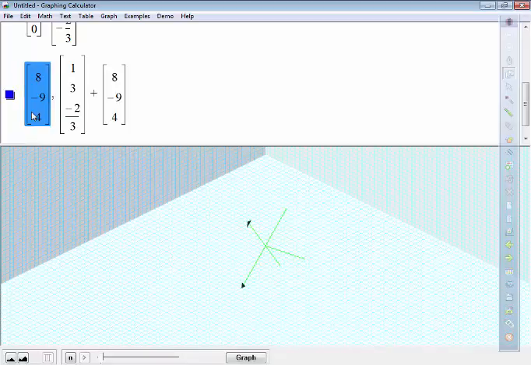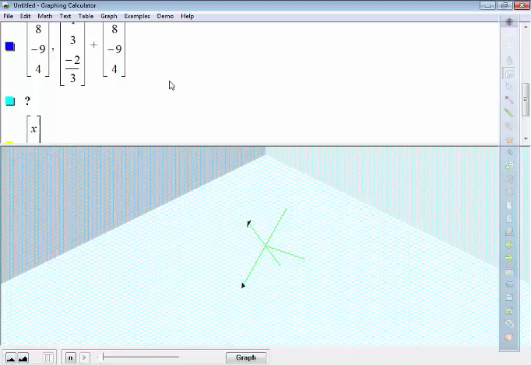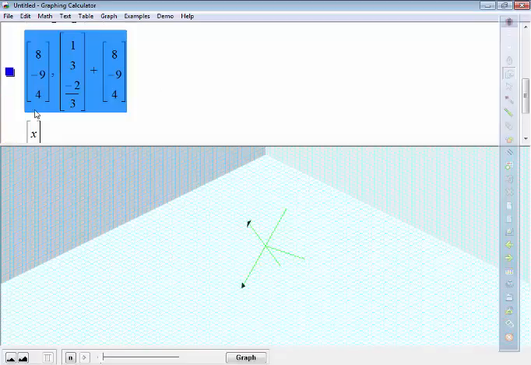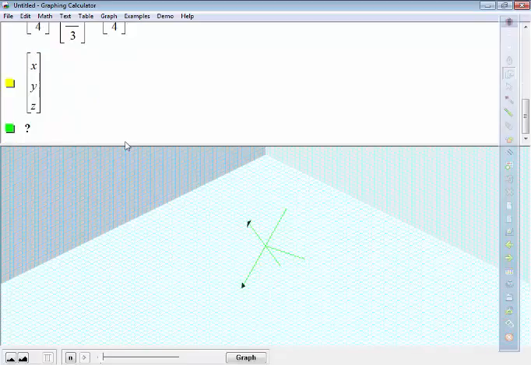So to do an equation of a line here in 3 dimensions, I need x, y, z equals, and then I need the equation.